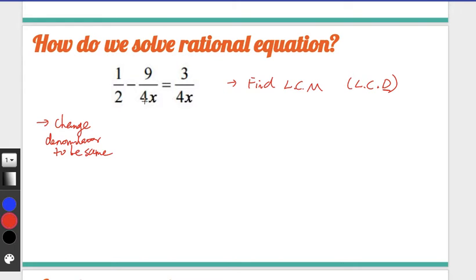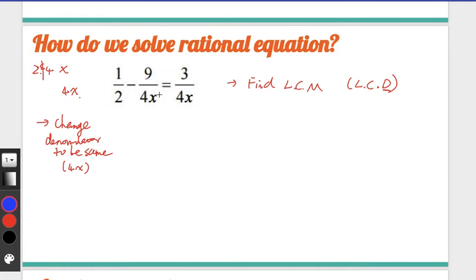So let's check. I have 2, I have 4x, I have another 4x, so those are the same. Then let's think about what is the least common denominator between 2 and 4x, which is 4x. So that means I need to change everything to be 4x. Now the question is, what do I need to do to change to 4x?